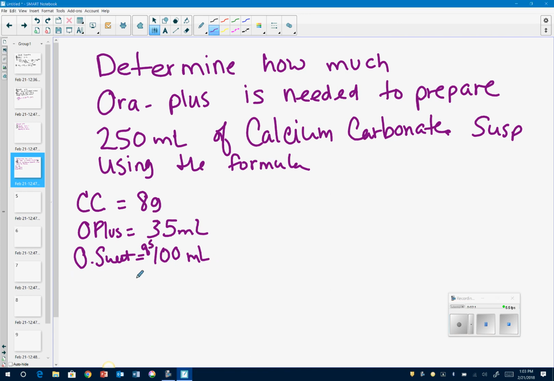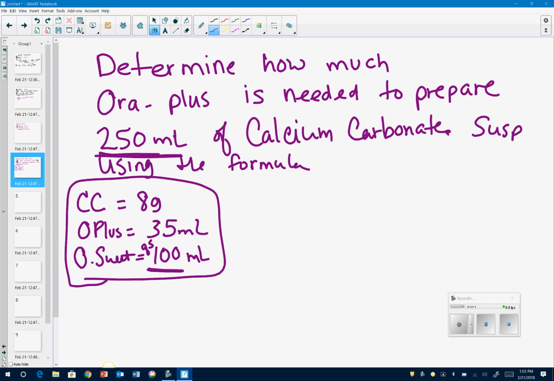So this is a formula that has been used previously for 100 milliliters. Okay, but we want 250 milliliters instead of the 100 milliliters. So we're to determine how much Aura Plus we need of that calcium carbonate suspension using this formula.